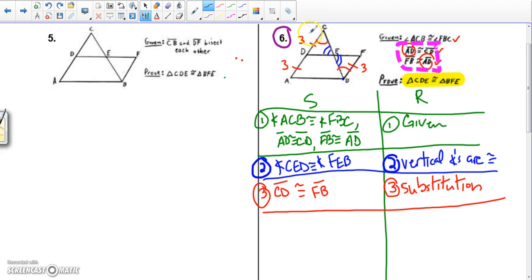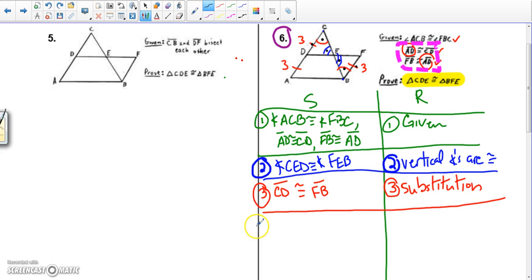So we look at our picture. We have an angle and an angle. We have an angle and an angle. And we have our 2 sides. So let's name it in the shortest possible way. We have our 3 pieces: angle, angle, side, congruent to angle, angle, side.